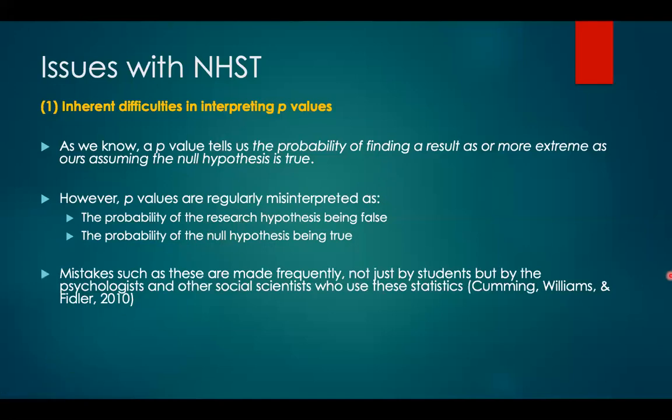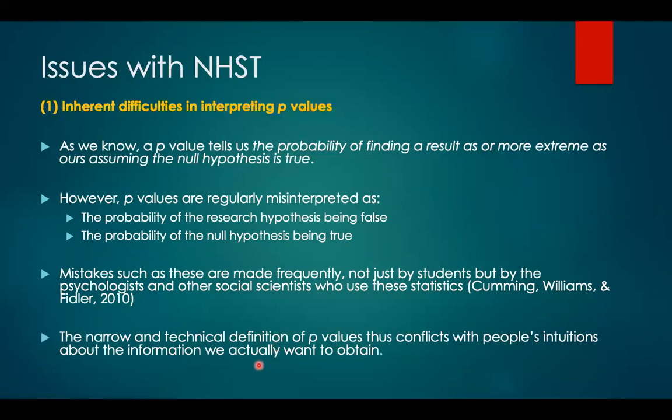Now, these mistakes are, of course, made by students at times, but they're also made by psychologists and other social scientists who use these statistics. And methodology researchers have published a number of papers examining the misinterpretation of p-values by actual scholars in the fields.